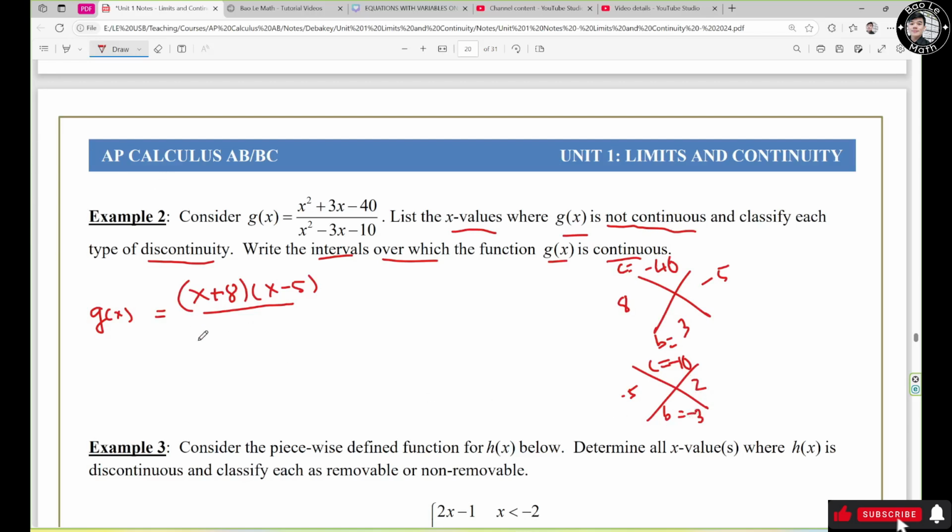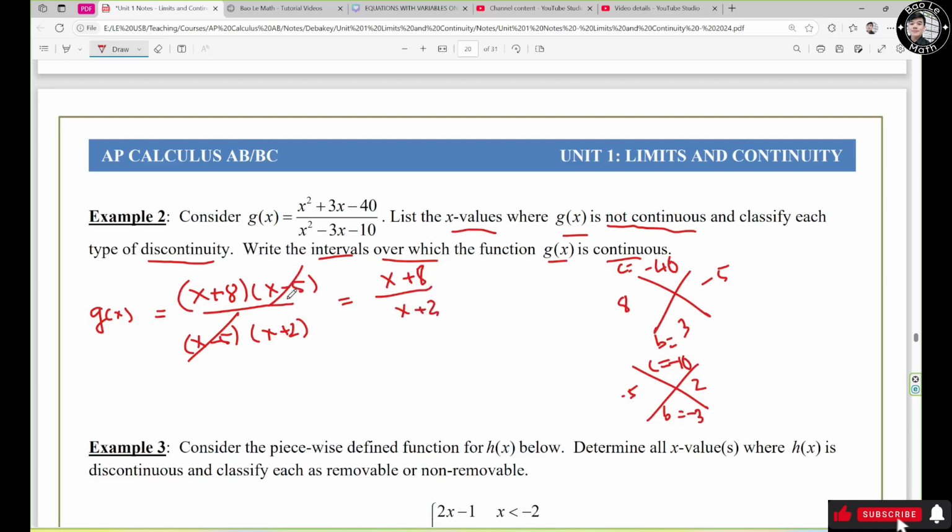So I have s minus 5 times s plus 2, right? If you want to review the old concept about factoring polynomials, please check out the link in the description below. Alright, so I'm going to cancel out this factor and this factor. So I have s plus 8 over s plus 2, right?